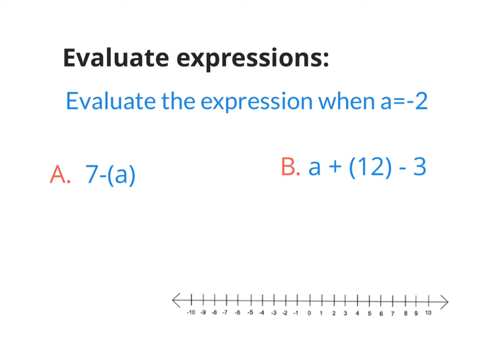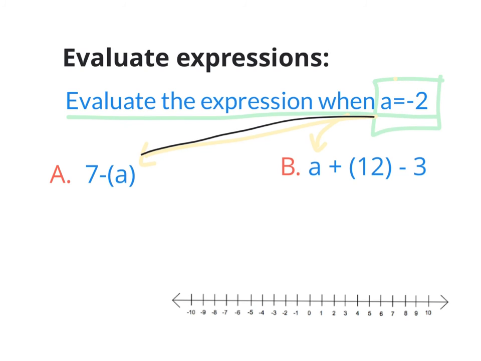Let us now apply all we have learned in this question. In exams, you must have seen these kinds of questions in which it says you have to evaluate the expression when a is minus 2. You don't have to worry, because here you just have to substitute the value of a in place of a in the expression given in the question. The first part says 7 minus a. So what you need to do here is 7 minus bracket minus 2.